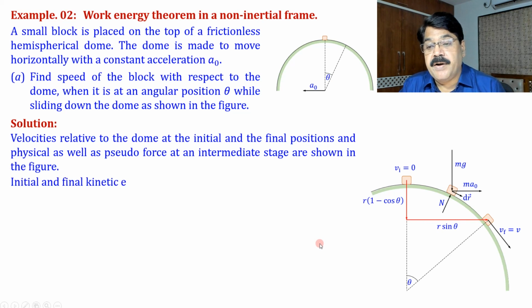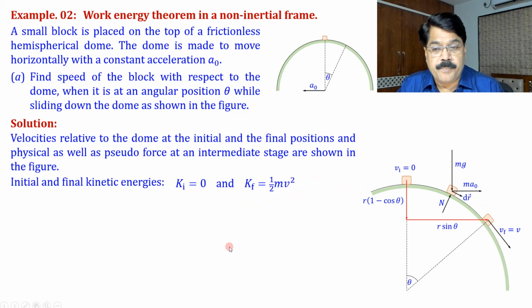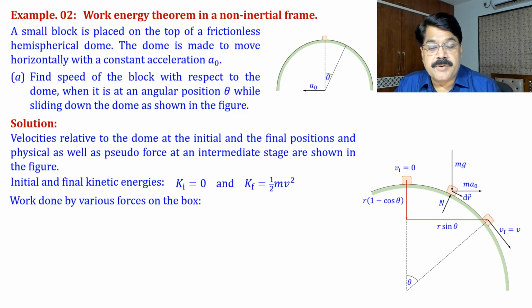Initial and final kinetic energies. K initial is 0 and K final is half m v square, and these kinetic energies are with respect to the spherical dome. Work done by various forces on the box: Wg is equal to mgr(1 minus cos theta).